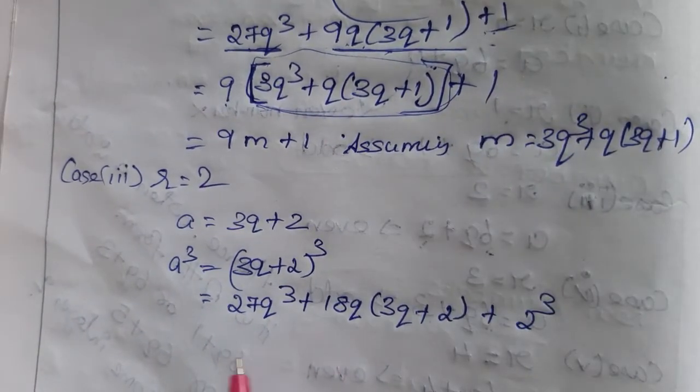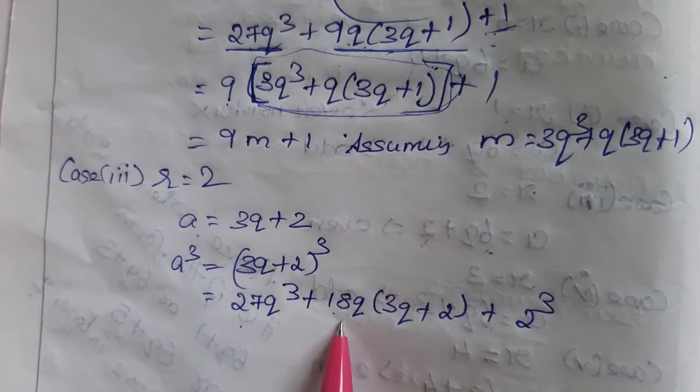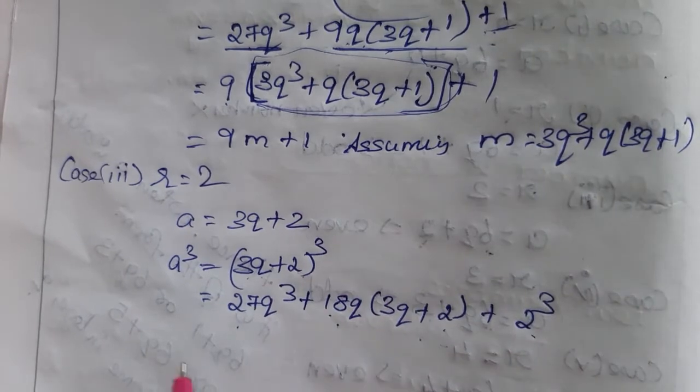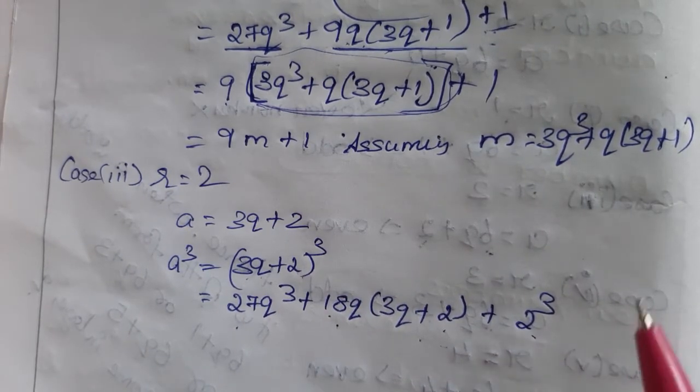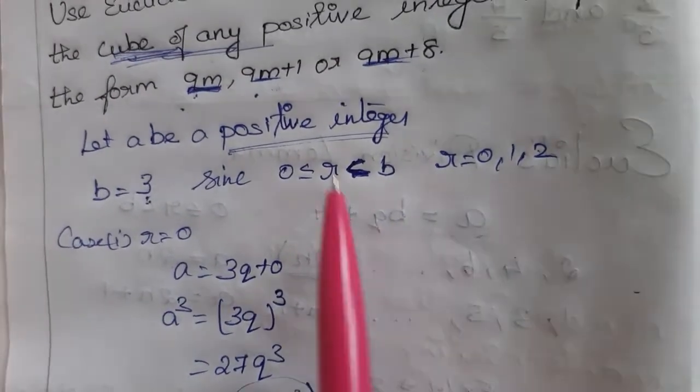This is a cube, this is 3ab, 3 into 3q into 2 is 18q, and a plus b is 3q plus 2, and b cube is 2 cube. So 2 cube is actually 8. So the third form is like 9m plus 8.